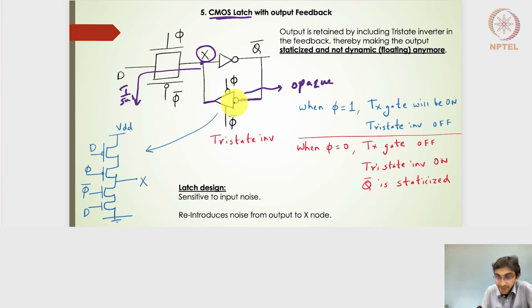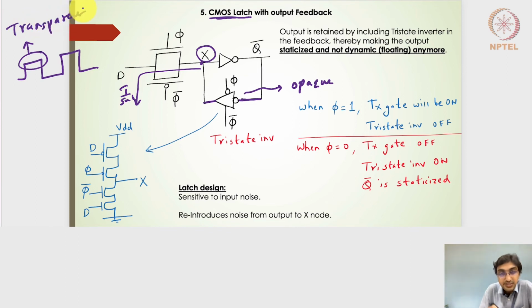But the clock should ensure that the PMOS and NMOS transistors connected to the clock turn on. That is possible in an opaque mode, if I design this latch with clock level high as the transparent state, meaning the output will follow the input. The low level of the clock is the opaque mode, where the output should retain whatever the previous state was.